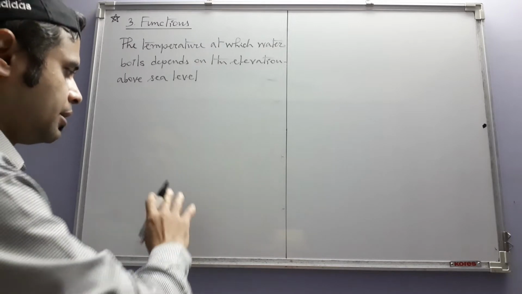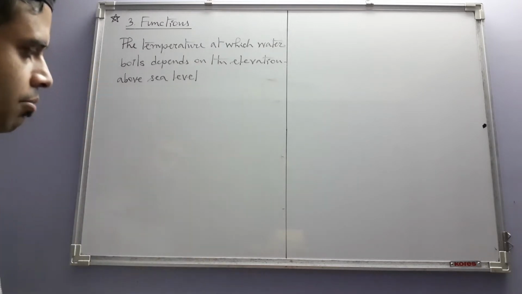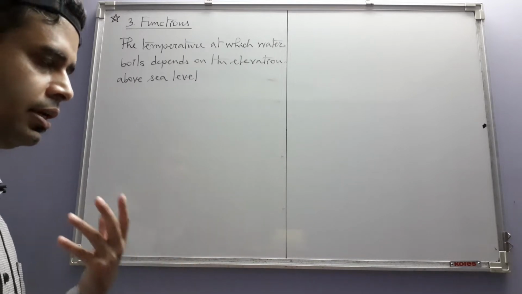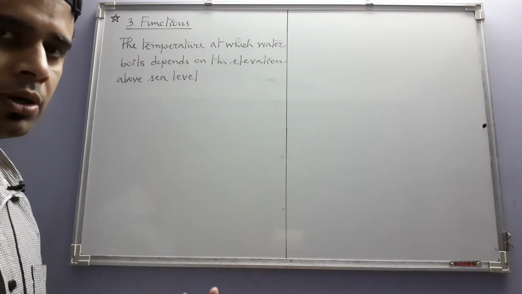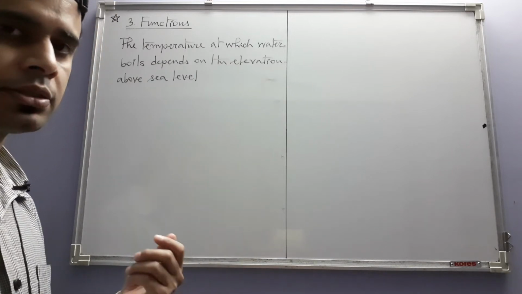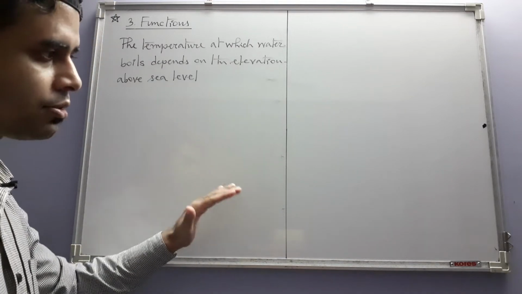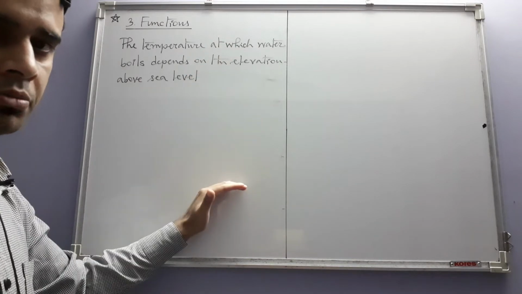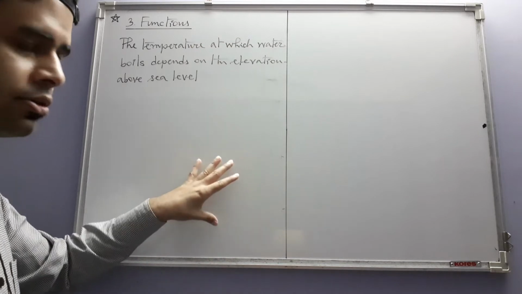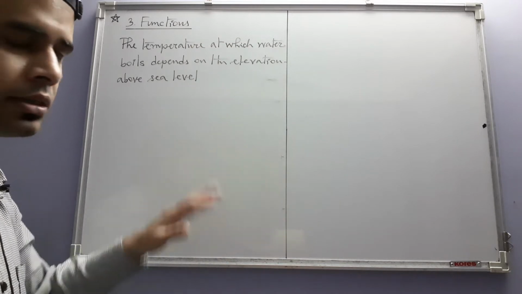It's because when water boils, the molecules in water, besides overcoming the intermolecular attraction that the molecules have among themselves when the water is in liquid state, also have to overcome the atmospheric pressure, because the atmosphere is there above the body of water or the container of water wherever the water is kept.